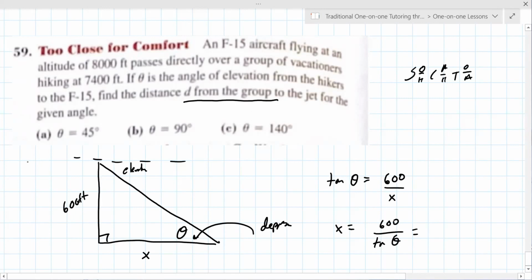So like part A, you're going to do 600 over the tangent of 45 degrees. Part B is going to be 600 over the tangent of 90 degrees, which I don't think works. This last one's weird because tangent of 140.